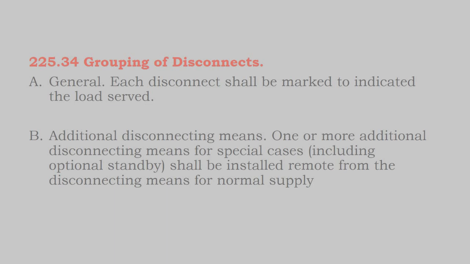Okay, well then there are reasons for additional disconnecting means, and that would be for your emergency backup systems or even your standby systems. And so here's the problem. Let's say the fire department shows up and they want to power down the building before they go inside.